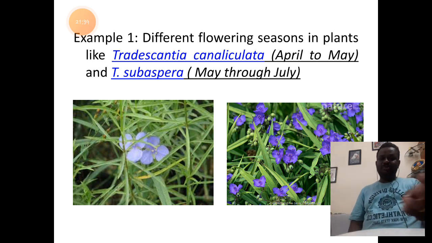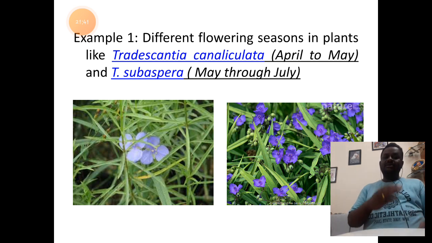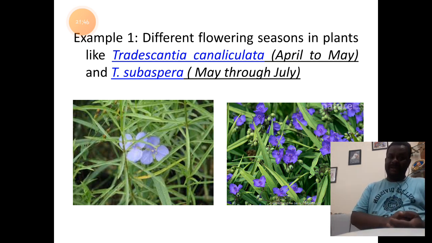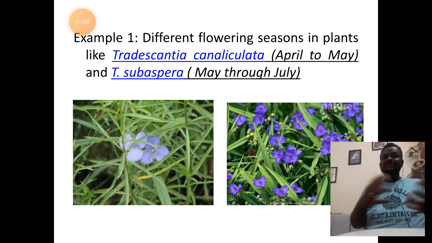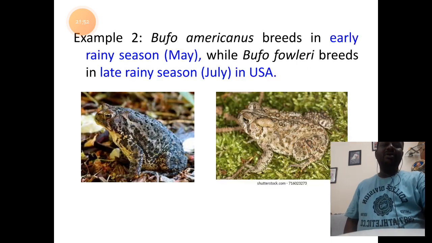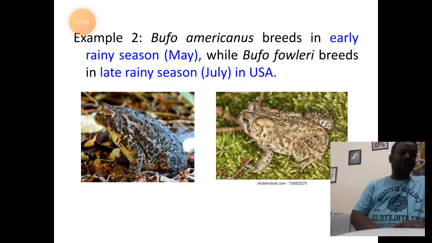You can see the two species of flowers: the left one is canaliculata and the right one is subaspera. The breeding seasons are totally different, so they will never have fusion of their gametes.